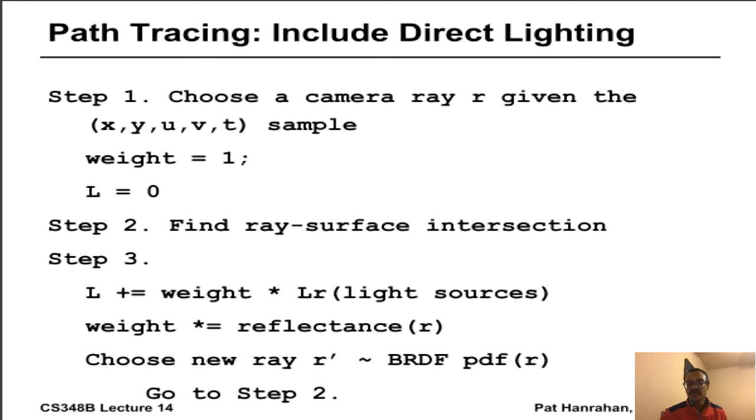You choose a new ray proportional to the BRDF, and now you call the trace path function recursively going back to step 2. So in this way, what we've done is essentially separated the contribution from the light sources from the indirect contribution, and you always add the contribution from the light sources. This is a method which is sometimes known as next event estimation.